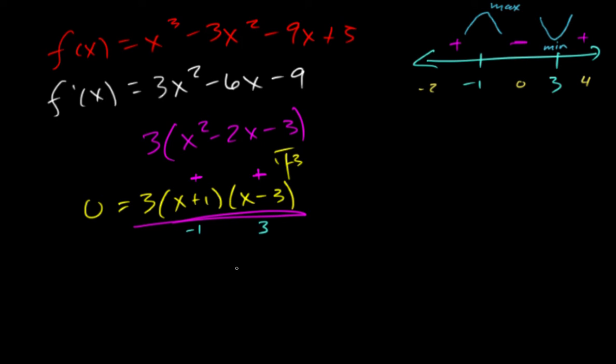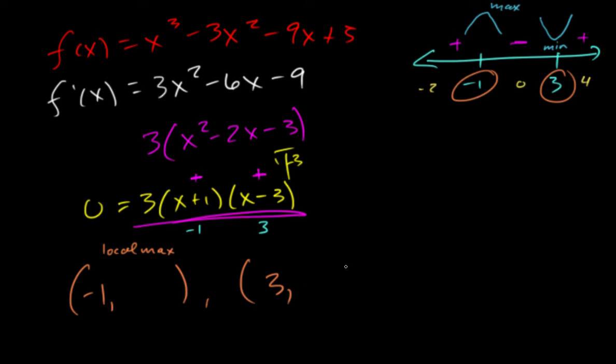So we've classified these. Now the last thing we need to do is figure out the exact points. We know negative 1 comma something is going to be a local max, and 3 comma something is going to be a local minimum. So I'm going to plug it into the original.